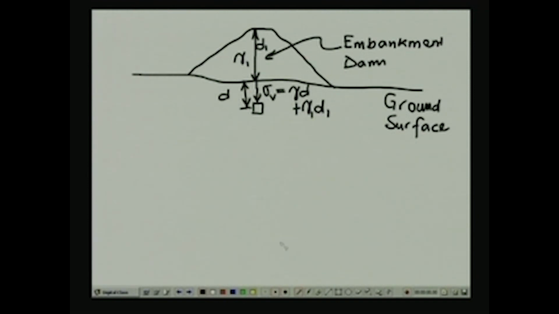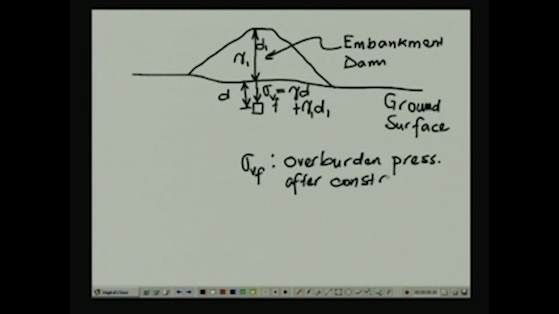So, initially, what you had here, let us call it sigma Vf, where sigma Vf is the overburden pressure after construction, and sigma Vi is the initial overburden pressure.